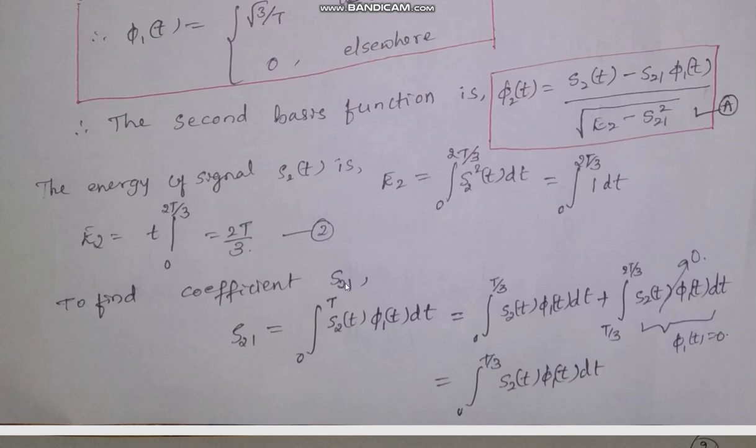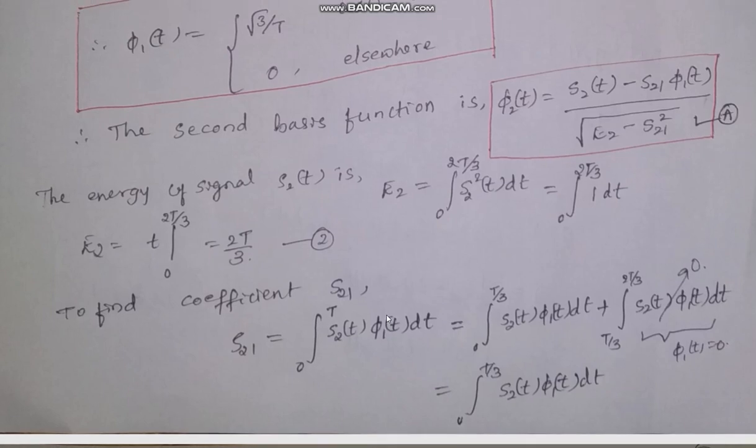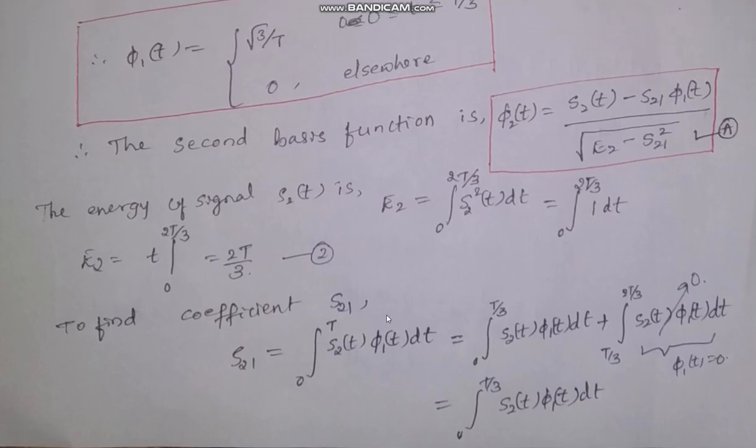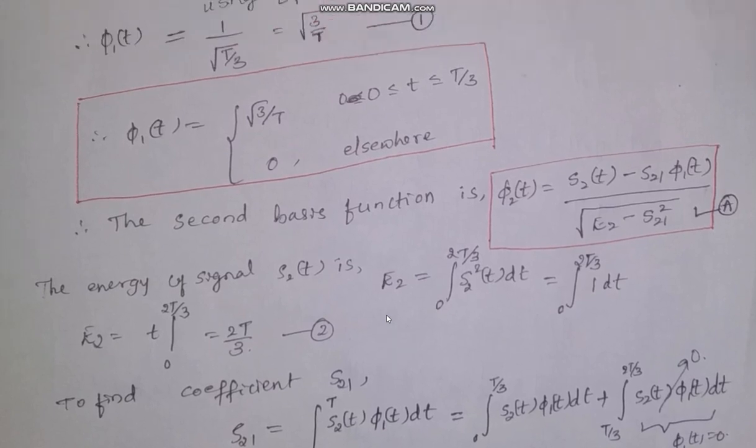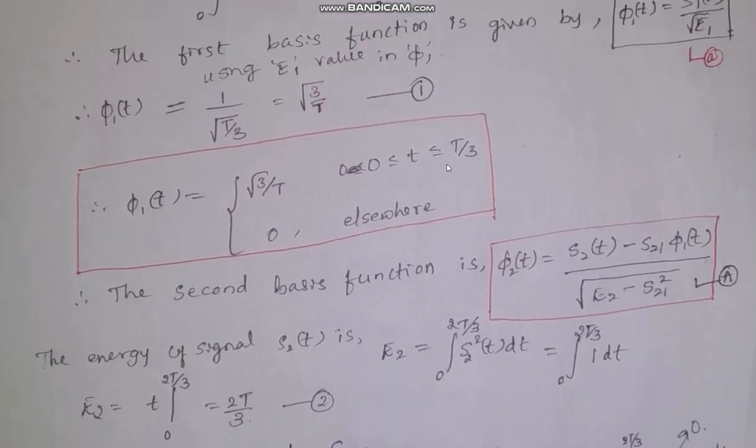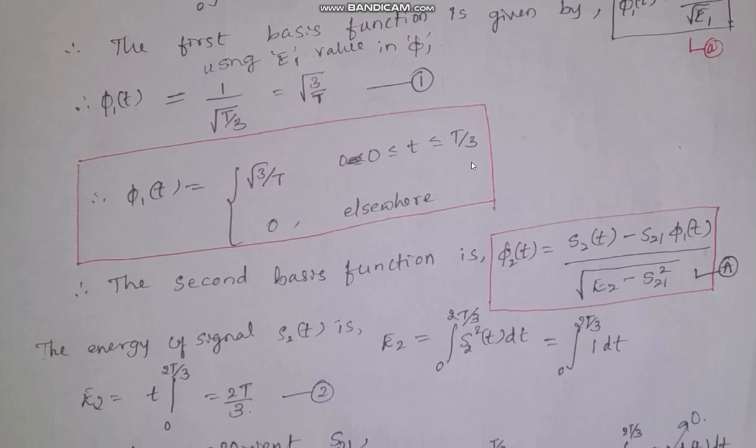To find the coefficient S21, the equation is S21 is equal to integral 0 to T S2 of t phi 1 of t dt. What is its spanning? It depends on phi 1 because phi 1 lies between 0 to T by 3 only.